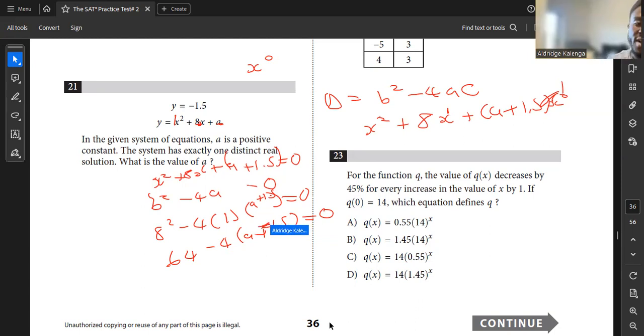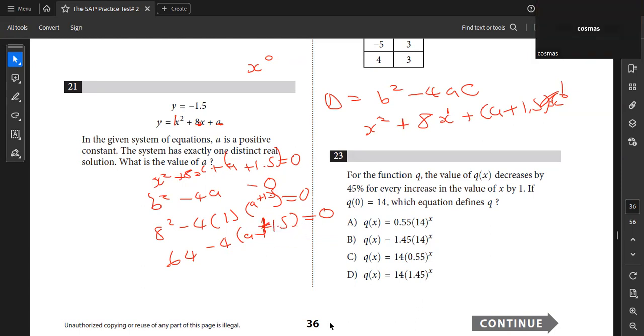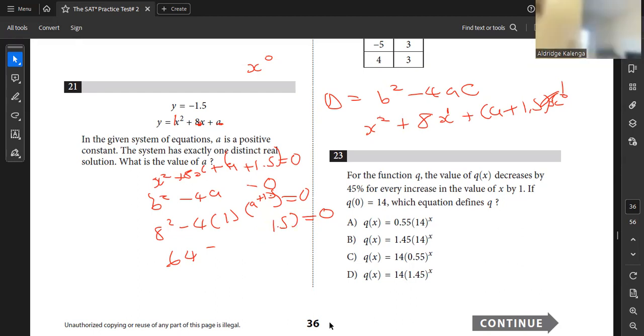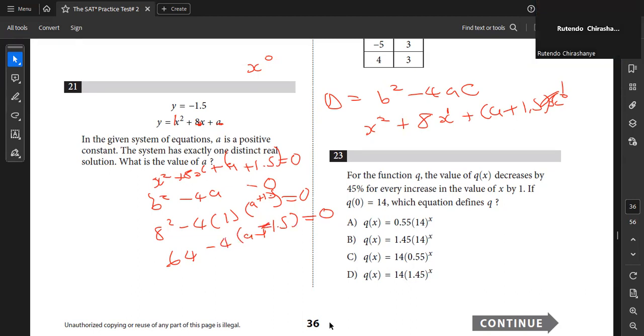All right, so everyone is with us right now, right? All right, Cosmos, go on. So we have 64 minus 4a minus 6, equal to 0. Oh my goodness, sorry, 4 times 1.5 minus 6.